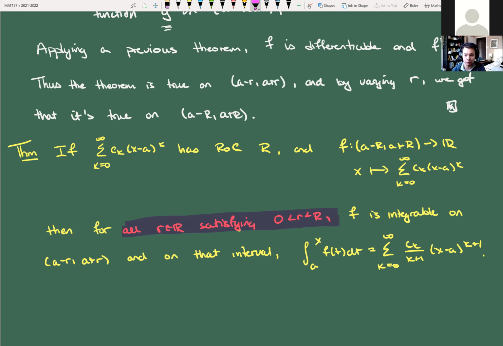I guess I should really say closed interval a minus r to a plus r, but whatever, it doesn't matter. Because when we talk about integrability, we need to talk about it being true on an interval. We're not going to be able to do that thing that I'd done previously where we just said, hey, fix an x and make sure it lives in an interval in which you converge uniformly.